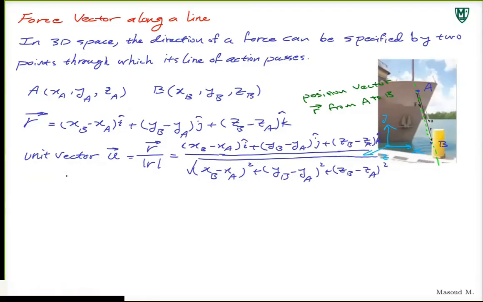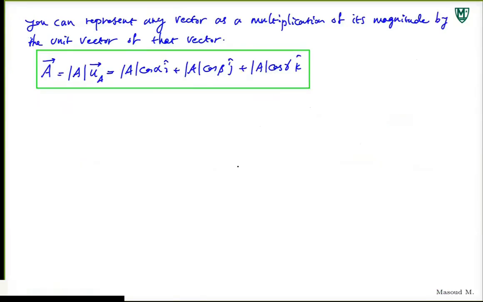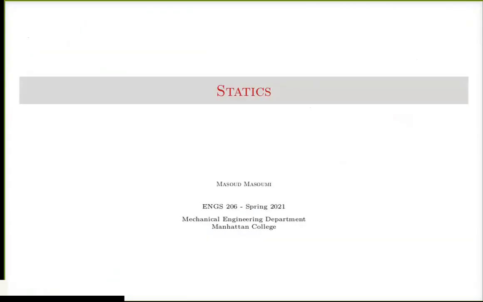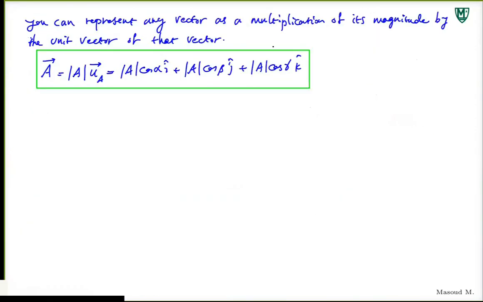So once you know the unit vector, here is what we can do. We can say that the vector F is the magnitude of F, whatever the force is, 10 newtons, 20 newtons, 400 newtons, multiplied by the unit vector. We said the vector can be represented by its magnitude multiplied by the unit vector in the same direction.